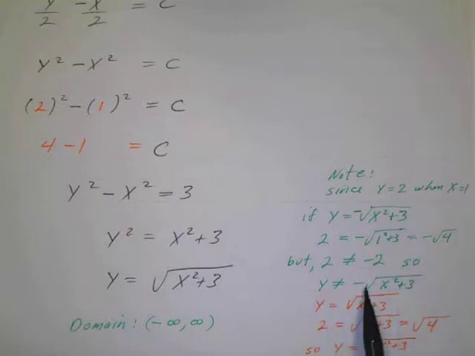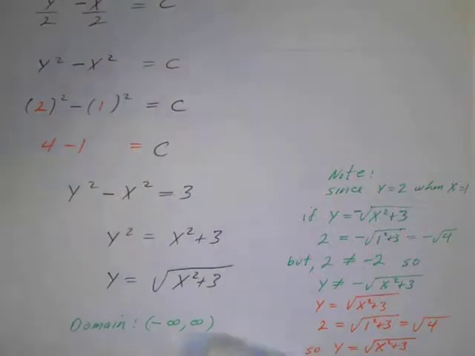So y cannot equal the negative square root. If we try the positive square root, y equals the square root of x squared plus 3, and I put 1 in there, I do get 2 equals the square root of 4, so that works. So that's why it would be the positive square root.